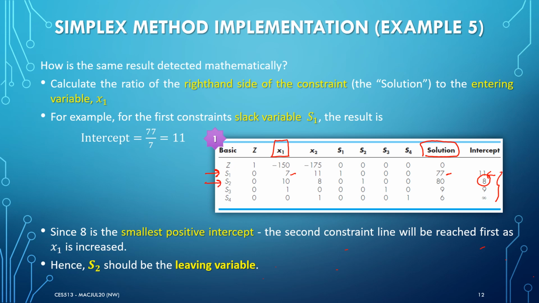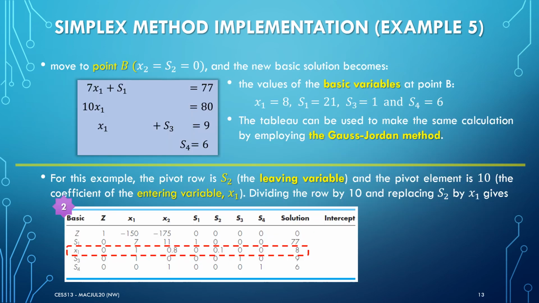So this line. Hence, S2 should be the leaving variable. At this point, we have moved to point B, where x2 and S2 equal 0.